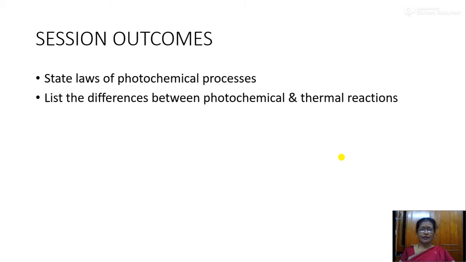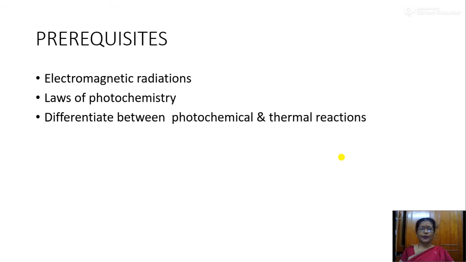Session outcomes will be to state the law of photochemical process, and list the differences between photochemical and thermal reactions. Prerequisites: electromagnetic radiation, laws of photochemistry, differentiate between photochemical and thermal reactions.